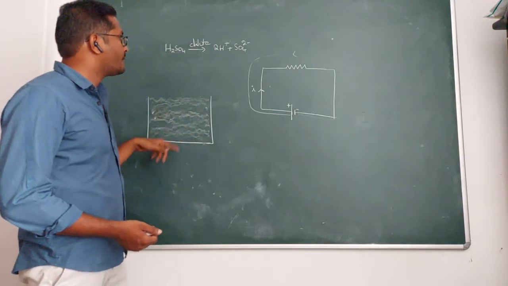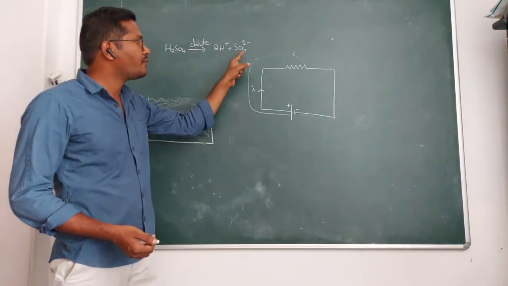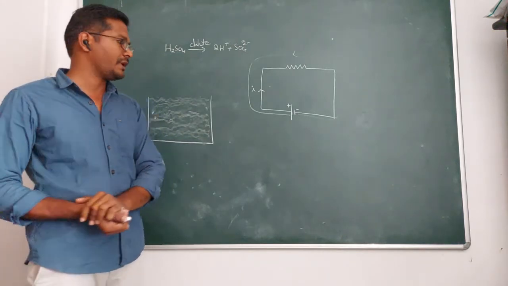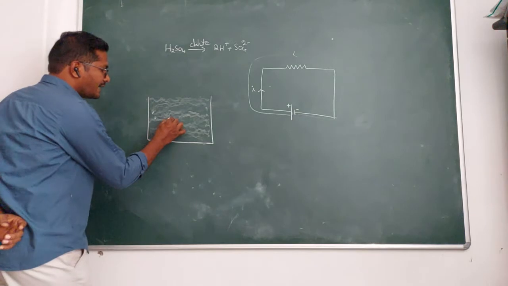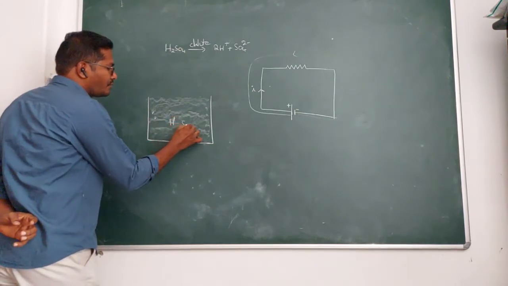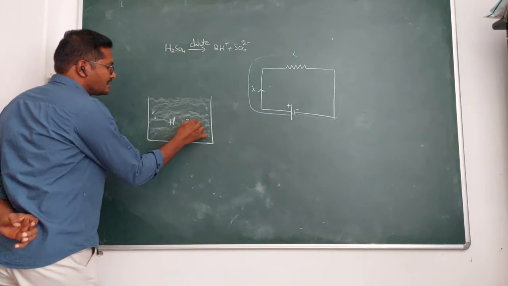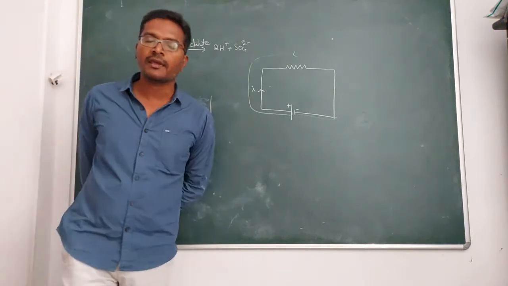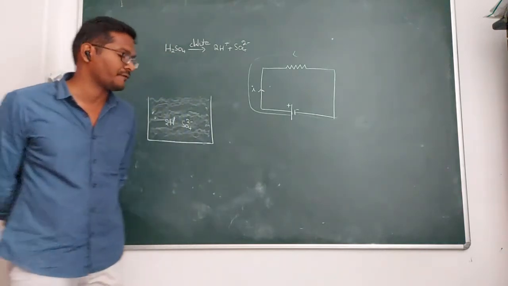If you put a positive there, SO4 2 minus will attract towards the positive. So in the dilute H2SO4 you have 2 H plus ions and SO4 2 minus ions.